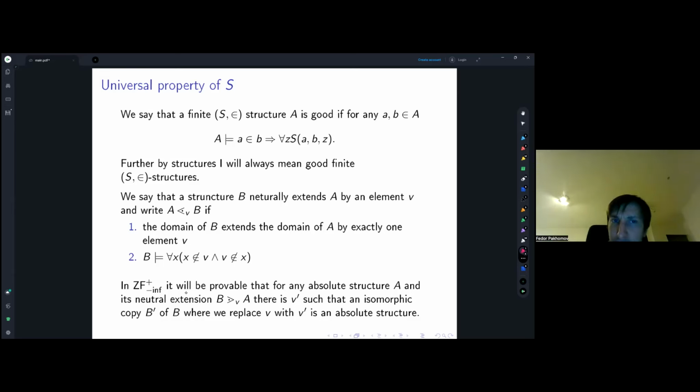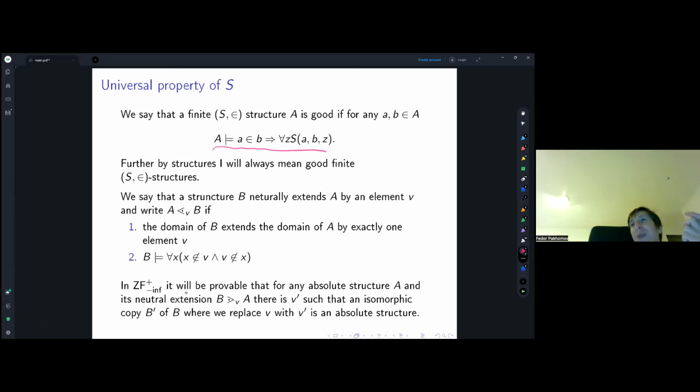and the only property that I demand here is this one. Basically it's saying that the structures behave like finite fragments of our big predicate S that we eventually want to construct. So we want that if A is an element of B, then for all Z, S(A, B, Z).